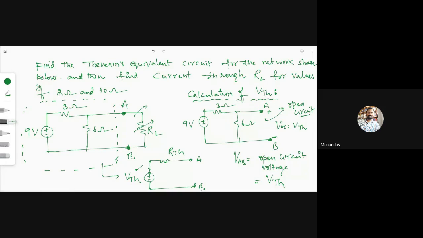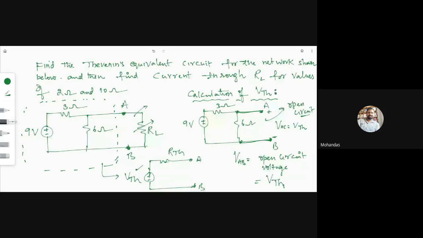Now, how to calculate the AB terminal voltage? A is directly connected to this point and B is connected to this point. All of you listen carefully. We know parallel voltages are the same. This node and this node are the same.